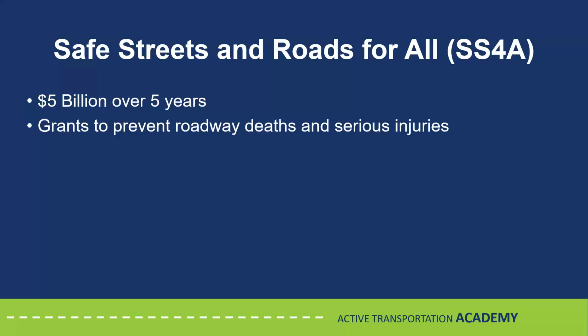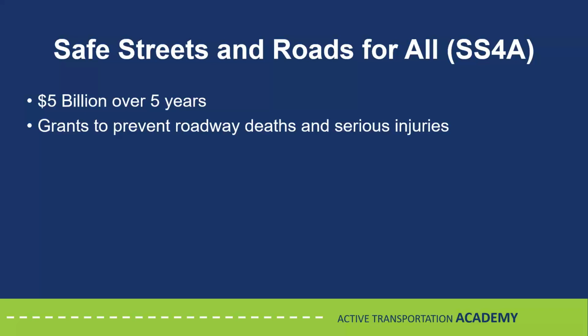The one source that we've been talking about a fair amount today is the Safe Streets and Roads for All, or SS4A source. As Catherine mentioned, it's for $5 billion over 5 years that was established as part of the bipartisan infrastructure law. And as of December 2023, over $1.7 billion has been awarded.